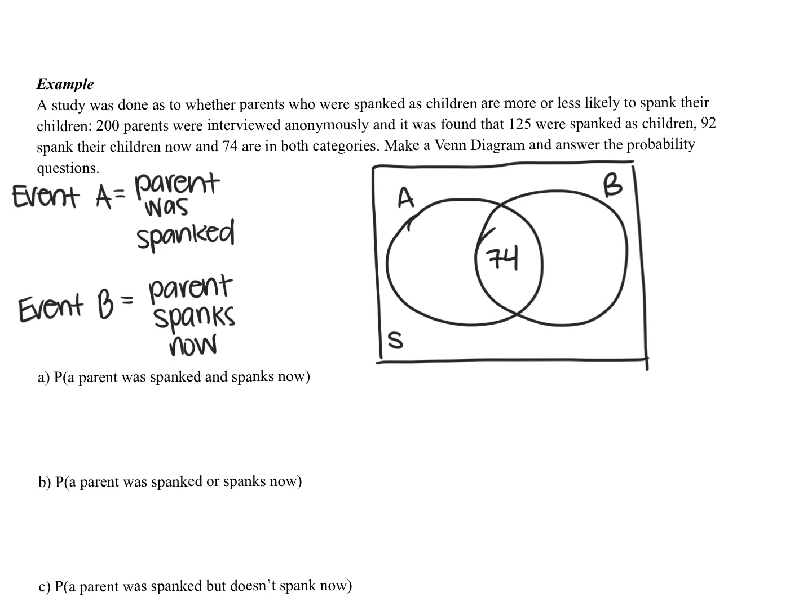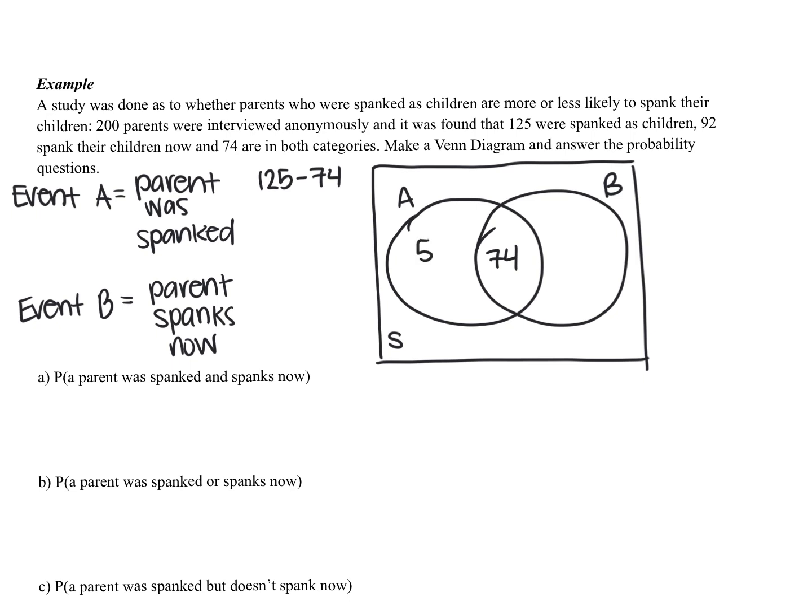The reason I start with this is that the 125 that were spanked as children, when I go to do event A, also includes any overlap with B. So for event A, I have to do 125 minus 74. And that gives me the parents that were only spanked as children.